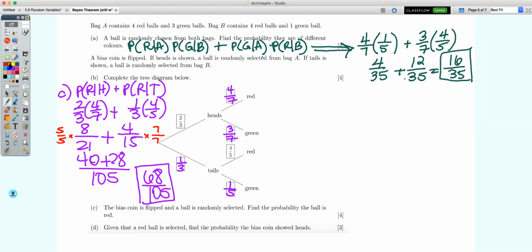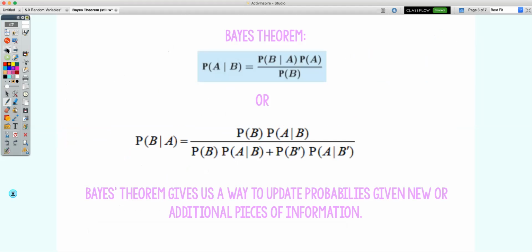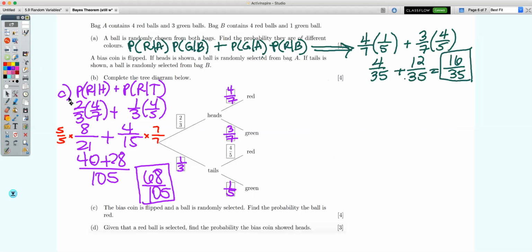Real quick, I'm just going to go back, get the formula, and we'll copy it over. We have a particular condition, and we can use this here, all right?